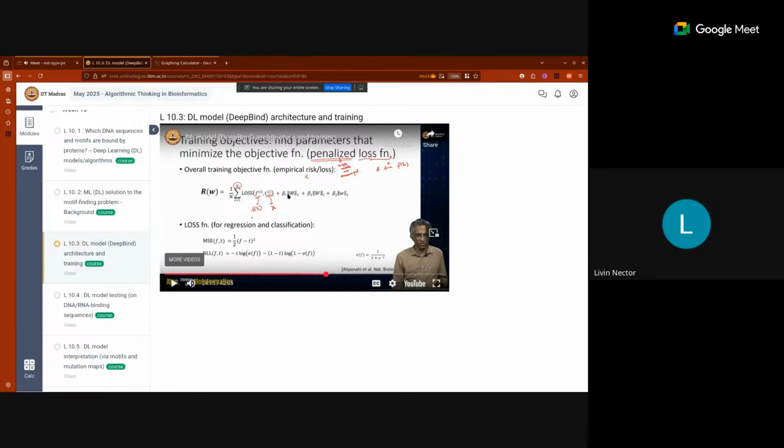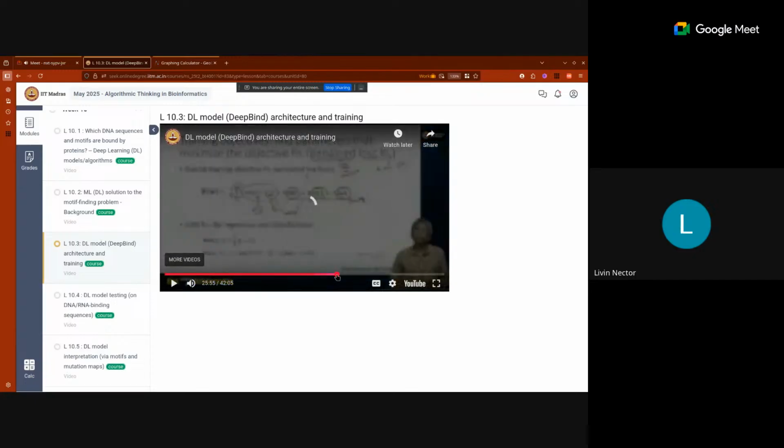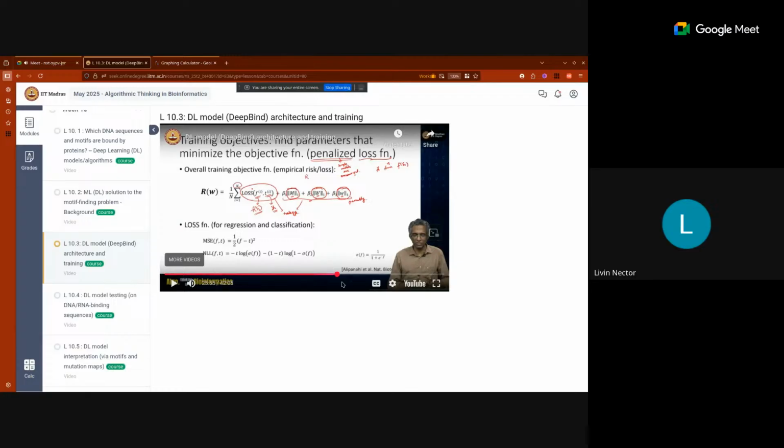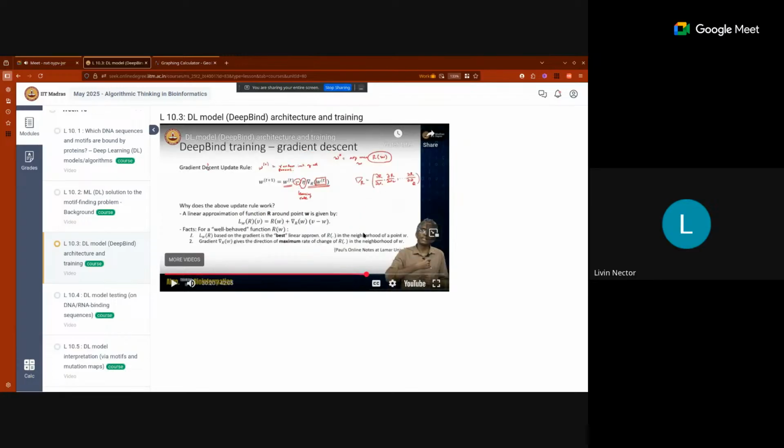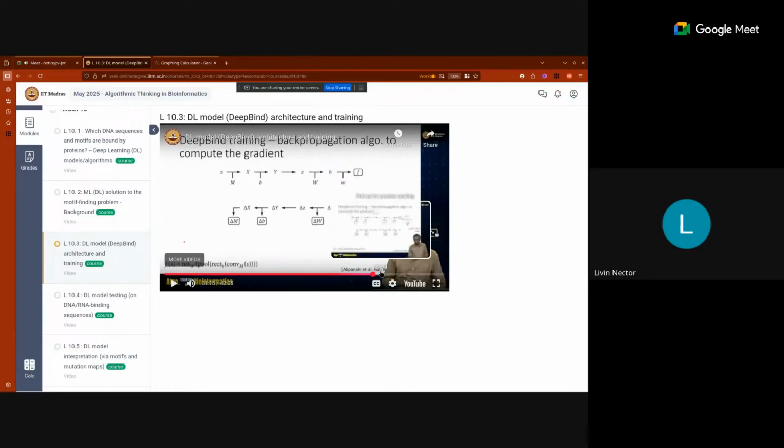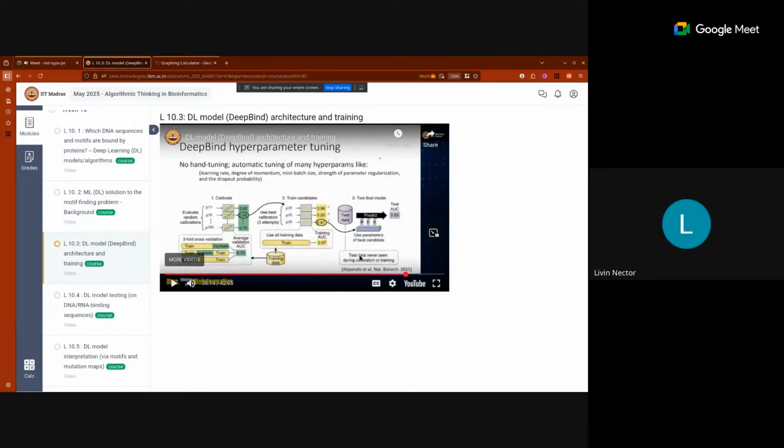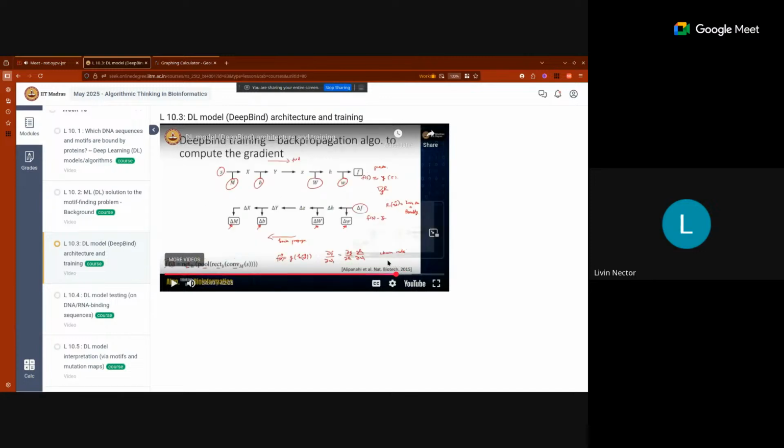We are adding a constraint on the weights using this L2 norm. Then we do gradient descent or different deep learning optimization techniques. So these are the general topics which are key. You might have known, right? The backpropagation and other stuff.